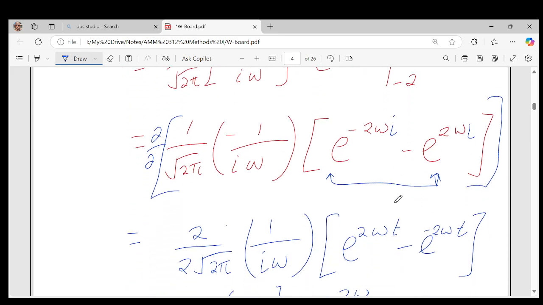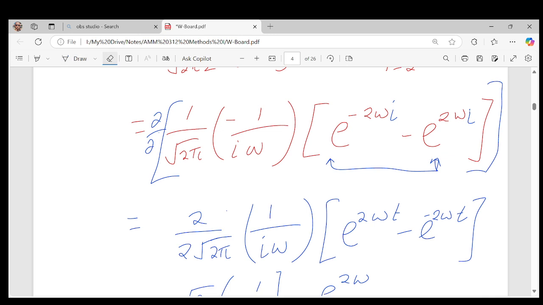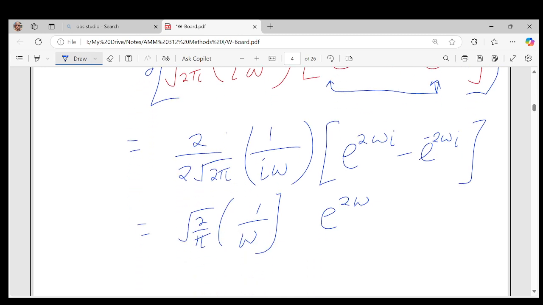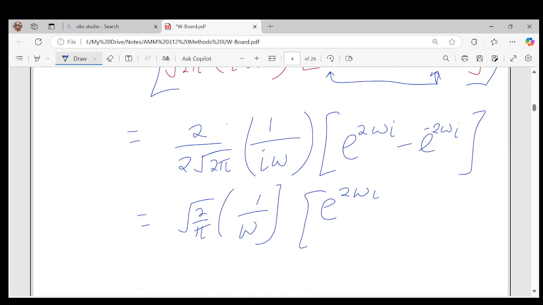So we get 2 omega I, not 2 omega T. So this we get e raised to power 2 omega I minus e raised to power minus 2 omega I, divided by 2I.